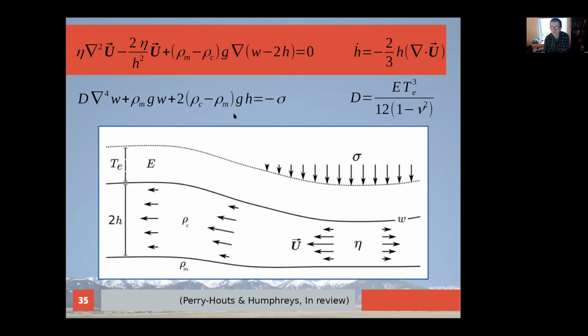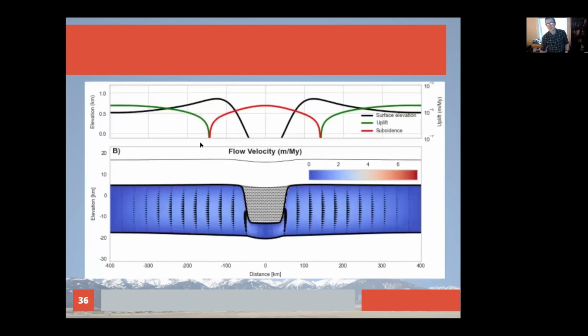So if we include that elastic filter as well, so couple the elastic plate to the flow of the lower crust, we actually do end up getting something very similar, where if we look at a cross section of this system, applying a load to the center, we see uplift producing these bulges that are affecting far field at the same time as they're affecting near field.